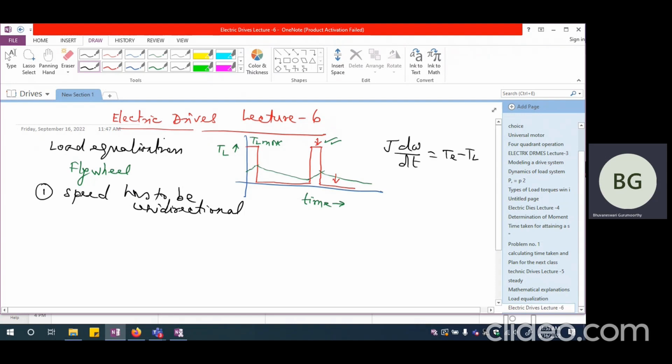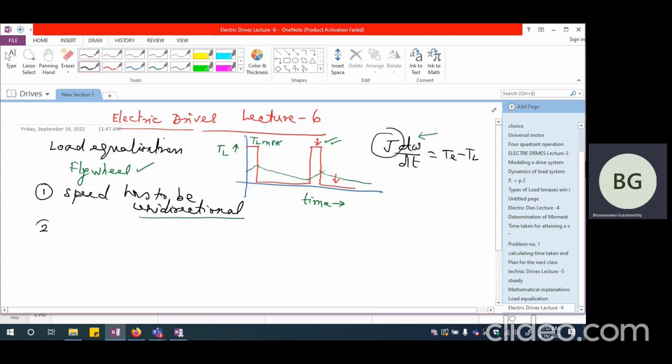So if I'm going to have a higher value of J, then the time that is taken for reversal or the speed variation is also going to be very large. So if I put a flywheel in a mechanism like an elevator or a hoist, you cannot really expect the response to be faster because the overall inertia is going to increase tremendously. So unless a mechanism is having unidirectional speed demand, only in that case a flywheel can be used.